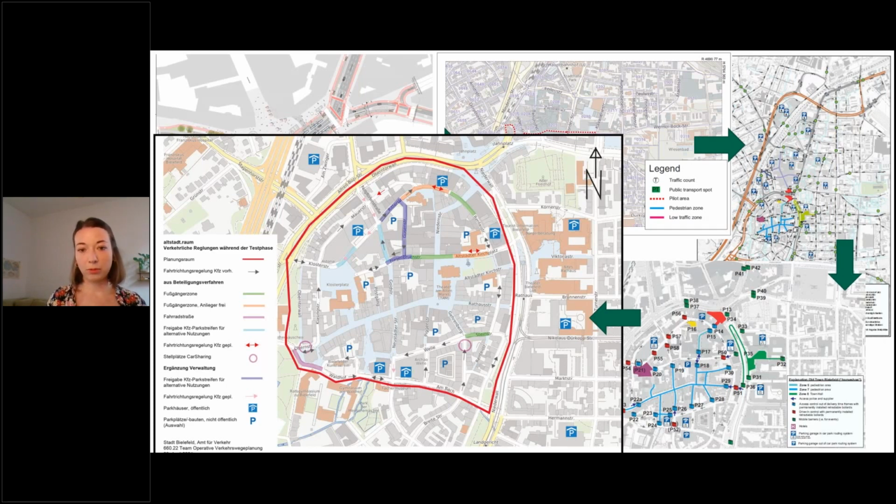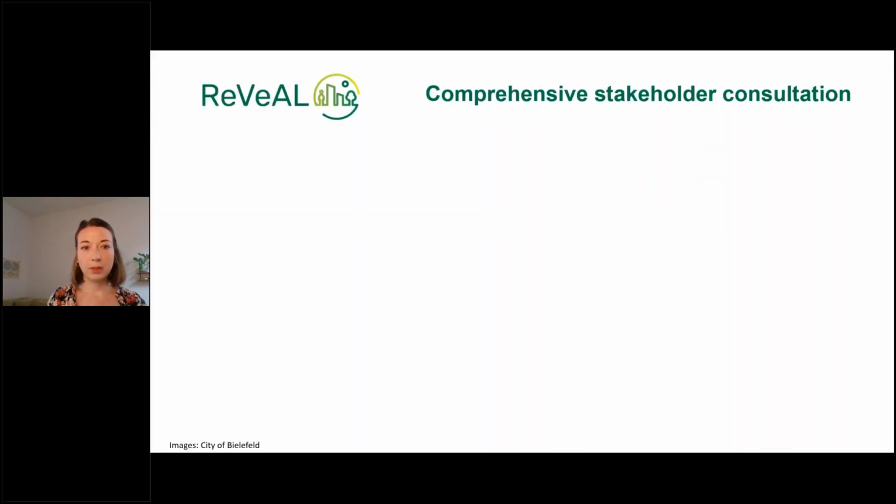Also super important was a parallel stakeholder process and the citizen consultation, which was the basis for deciding for the final measures that you can see on the map. This comprehensive stakeholder consultation in Bielefeld is actually a very good practice for a city involving their citizens and the stakeholders in the process.